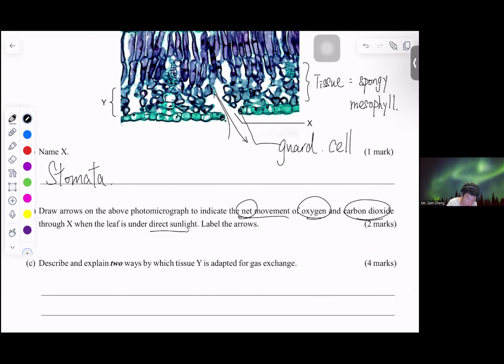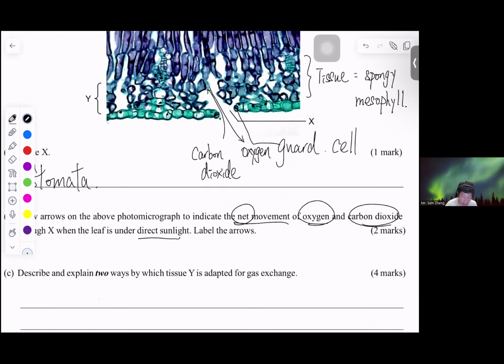So there will be carbon dioxide going into the leaves, while the oxygen produced diffuses to the atmosphere, moving out of the leaves. So this would be how the arrows look.